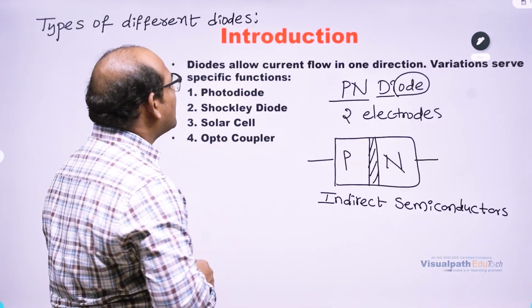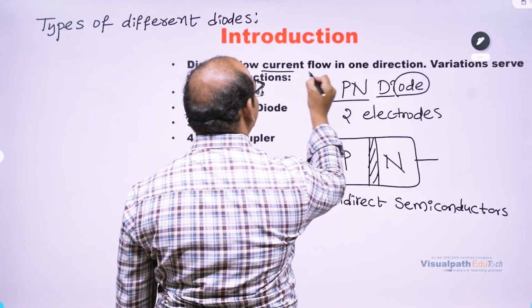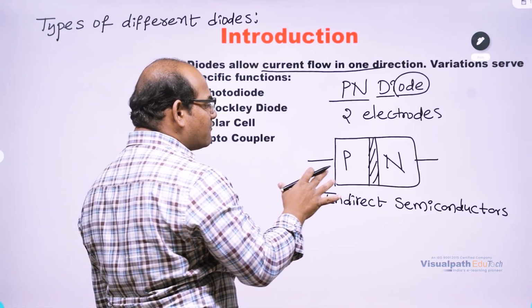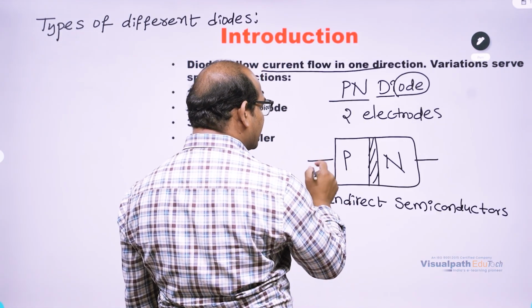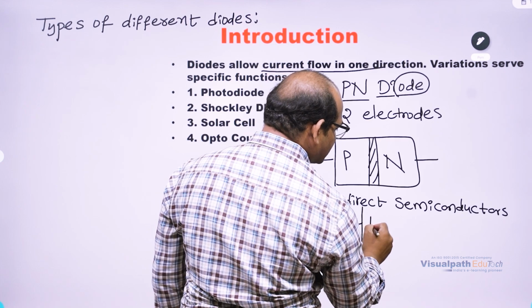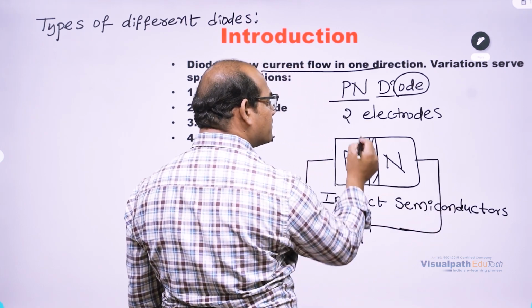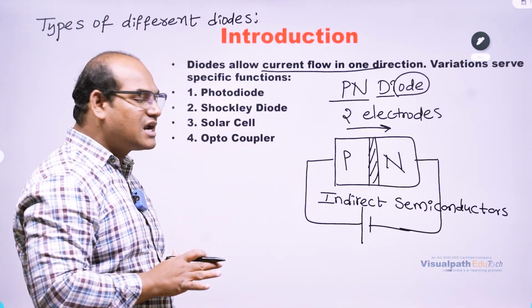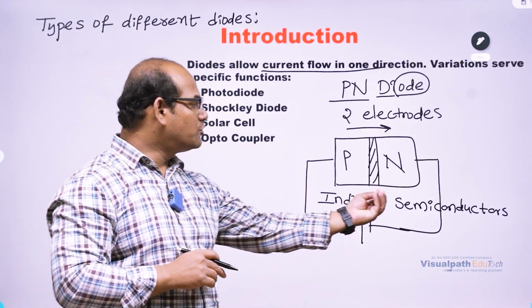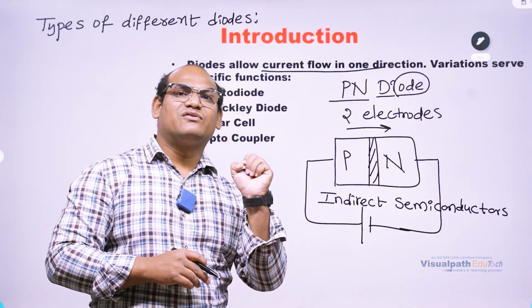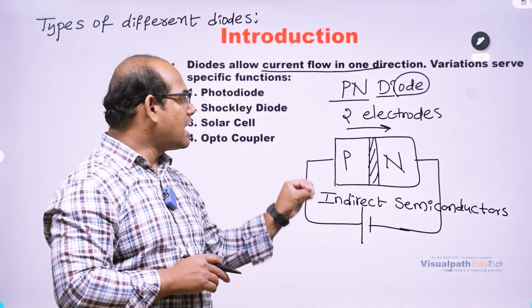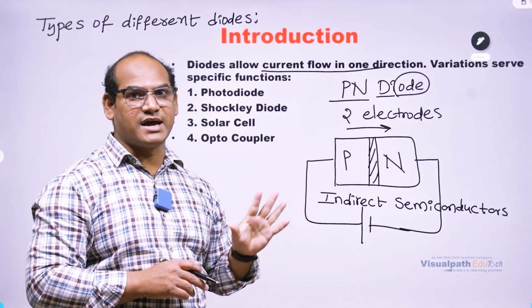Generally, diodes allow current flow in only one direction. Starting from the PN junction diode, under the forward bias condition, we get current through this diode from p-type to n-type only. There will not be any current flow from n-type to p-type, but a little amount of current is there, due to minority charge carriers, when we operate it under reverse bias.